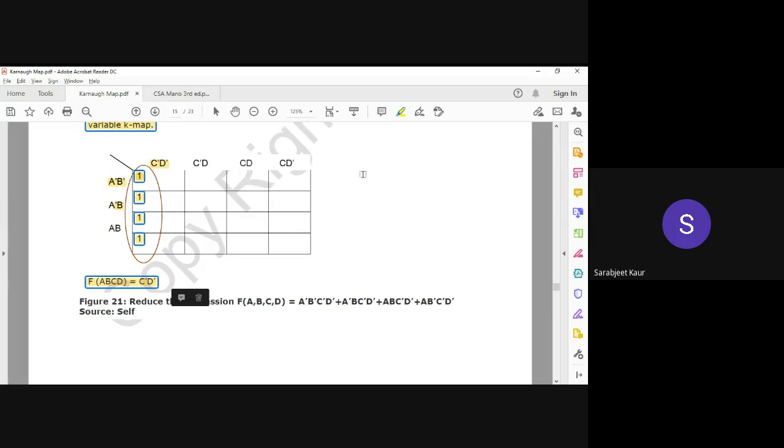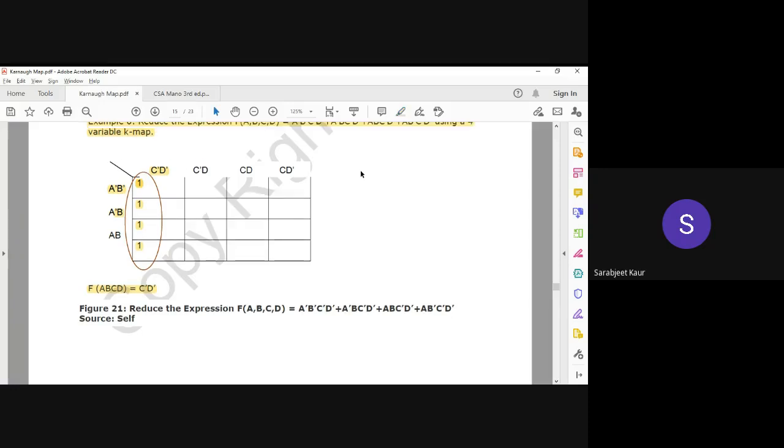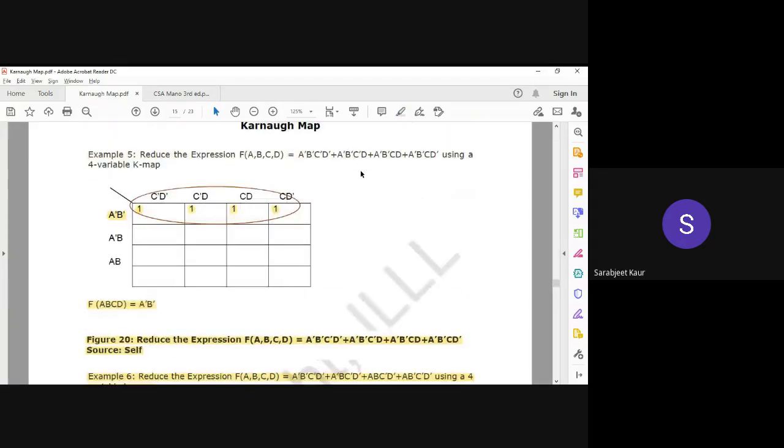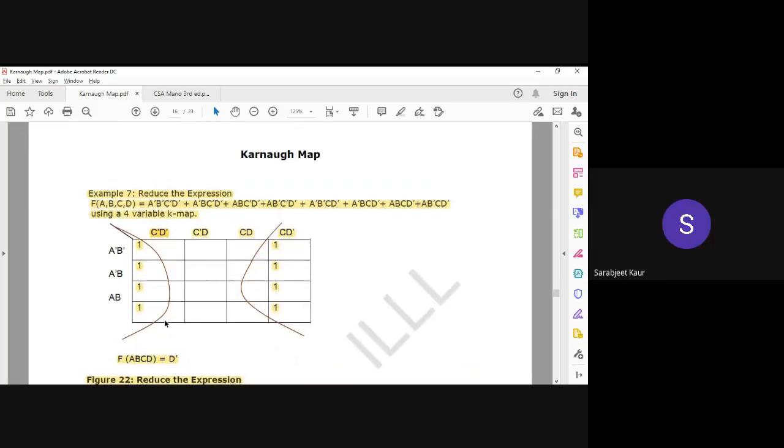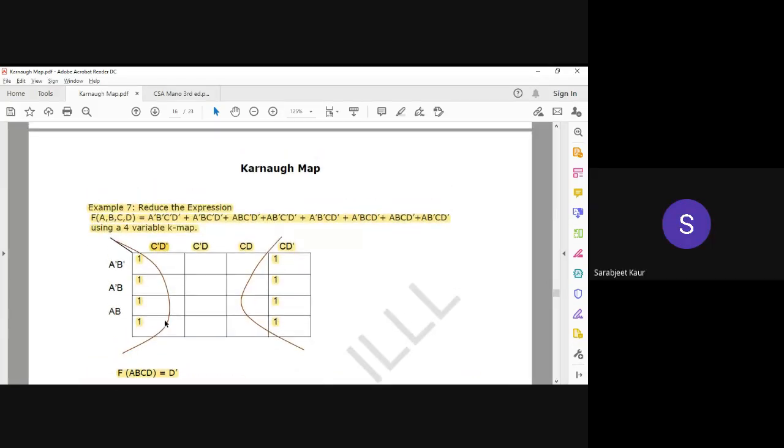You can look at this even in the other example that we did. Yes or no, students? Yes, ma'am. And now when we have made a group of eight, I'm left with a single literal. Is this clear? Yes, ma'am.